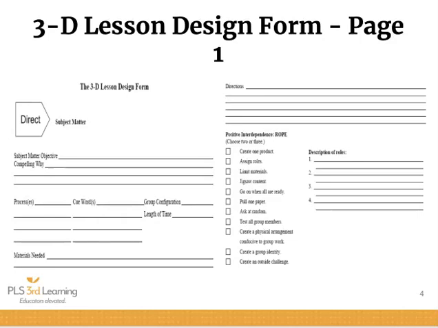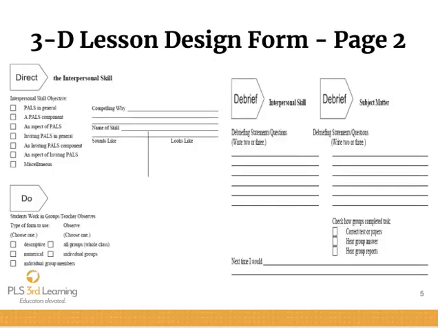There are places to write down the compelling why you will include, the processes you will have students use, the materials you will need, and the directions you will give. At the bottom left is a list of all the kinds of rope you have to choose from. At the bottom right is a place to write out the roles you will assign, if you choose that type of rope.